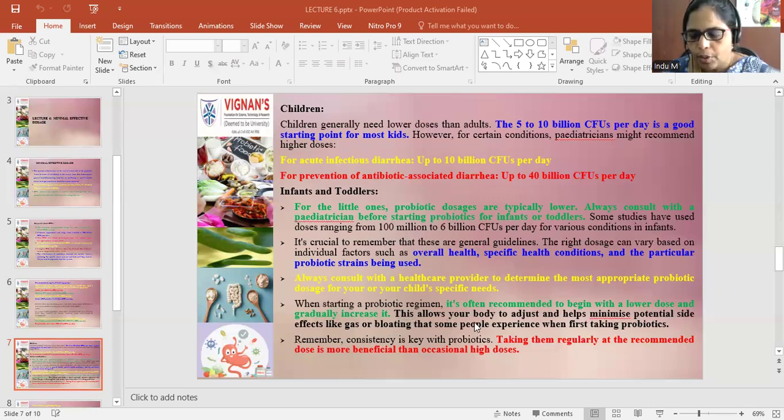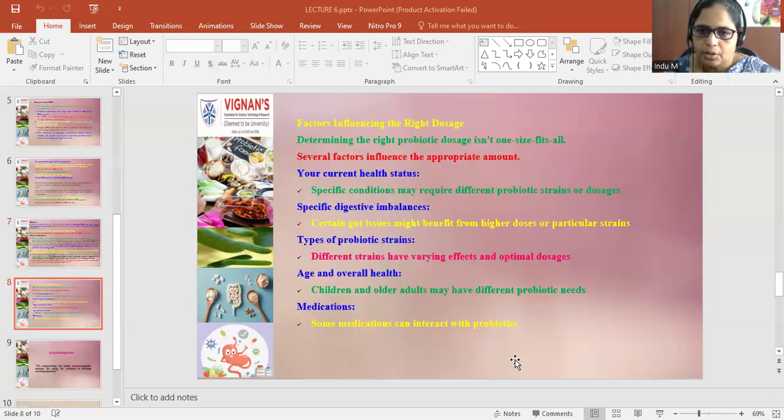This allows your body to adjust and helps minimize potential side effects like gas and bloating that some people experience when first taking probiotics. Taking them regularly at the recommended dose is more beneficial than occasional high doses. Like this, we need to consider or prescribe the dose for infants and toddlers.